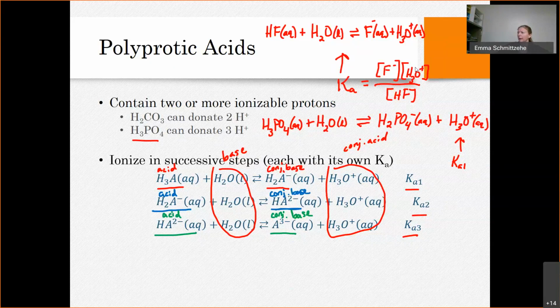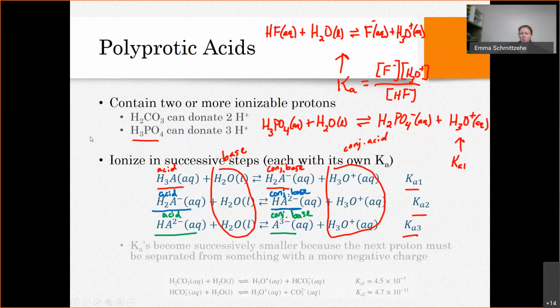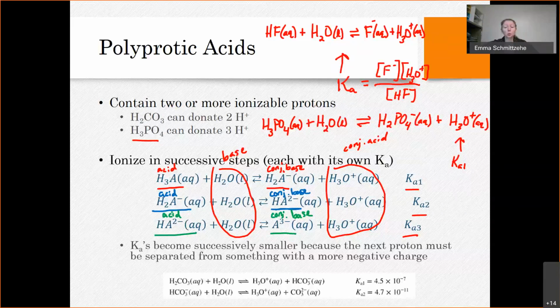Now, for the carbonic acid, I actually have the reactions here at the bottom of the slide, okay? So for the carbonic acid, the H2CO3, that donates 2 protons. And so it can go through 2 steps of ionization. The H2CO3 can lose 1 proton, forming HCO3-, and that has a Ka1 associated with it.